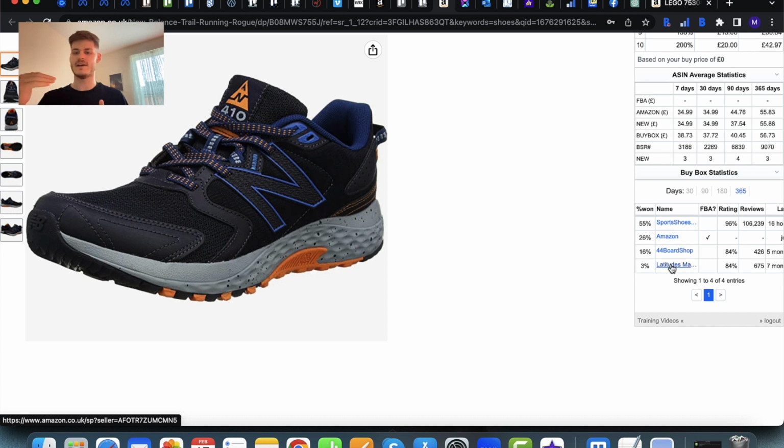So obviously this one a lot more than this one down here, but let's just imagine there are a couple more results on there. And we can see that even though this seller has had it for 55% of the time, and let's imagine this was split up a little bit more, it shows us that even if we join this listing, despite the seller having it for this percentage of time, we still stand a good chance at getting the buy box for a portion of time.